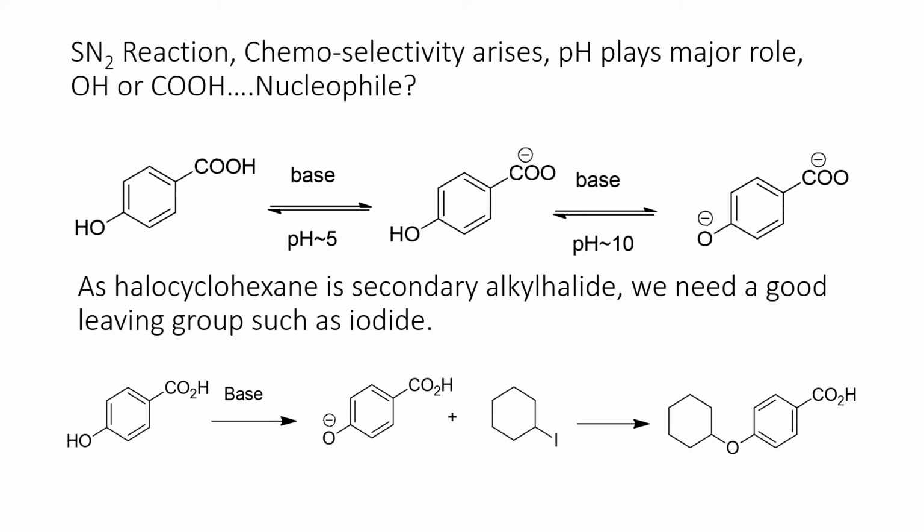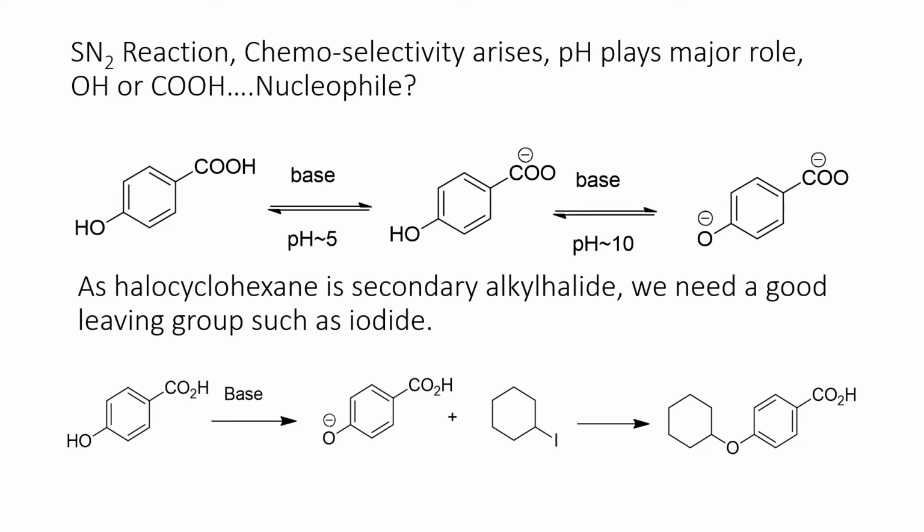Its reactivity is high, that's why this phenolate ion will be alkylated with the alkyl iodide. Here the alkyl iodide is used as the secondary alkyl derivative. So iodide is a better leaving group than chloride or bromide.